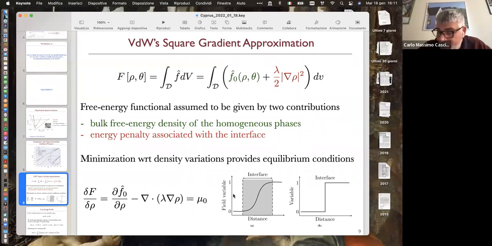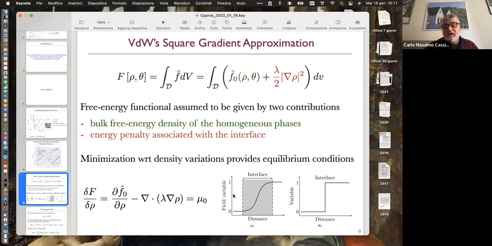Now, the width of this interface is physical, and it means that it is extremely small, a nanometer or less. Okay. So this sets a limit on the largest grid size that you can use. So we have a fixed minimum grid size that we have to take, and then we can make the system larger by increasing the number of grid points.